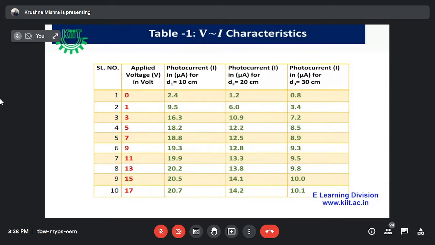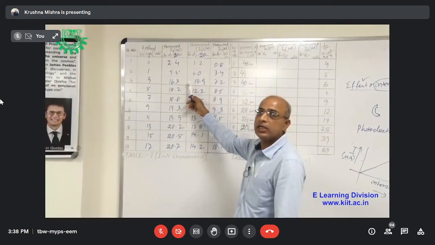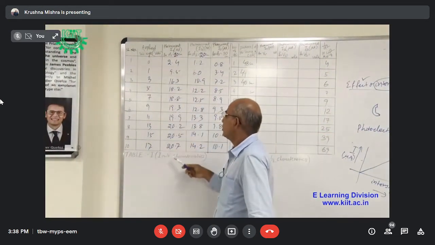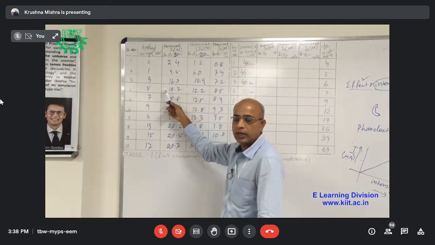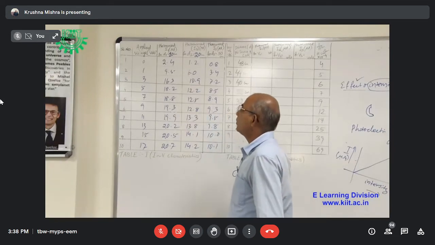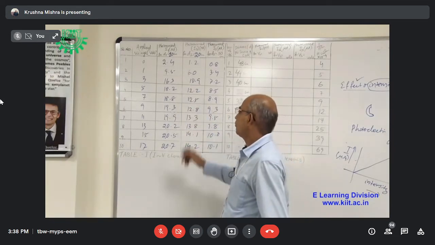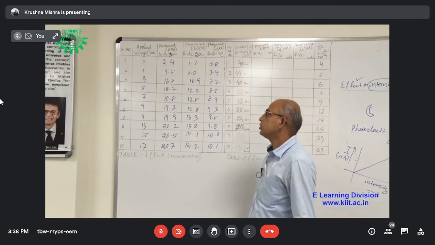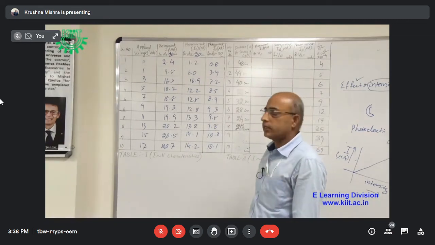If we go through the entire table, it is clearly observed that photocurrent gradually decreases with increasing distance between source and cell. That means when intensity increases, photocurrent increases. This experiment is taken only when the frequency of light is kept constant and for a particular intensity of light. That is the effect of potential on photoelectric current.